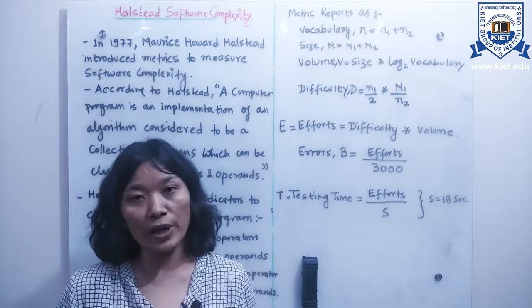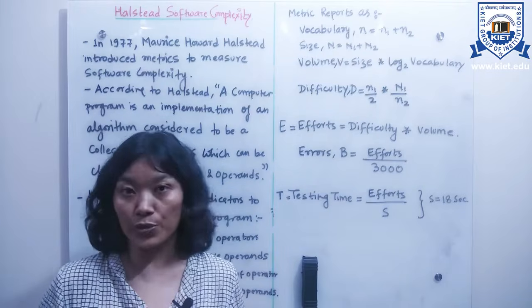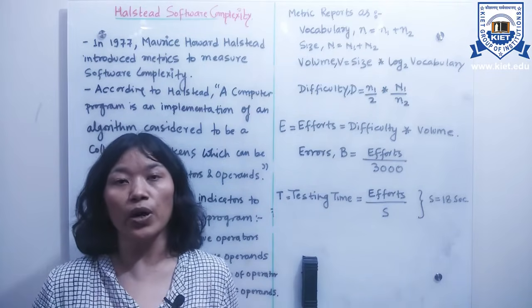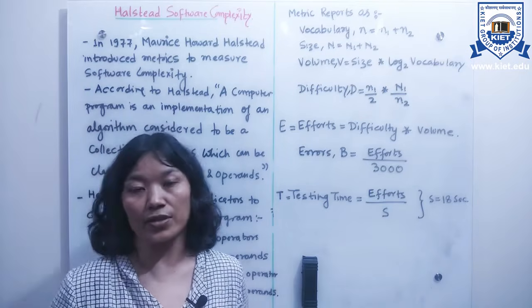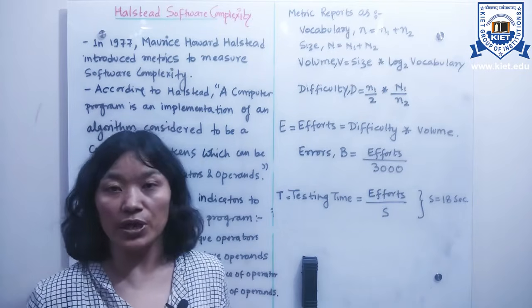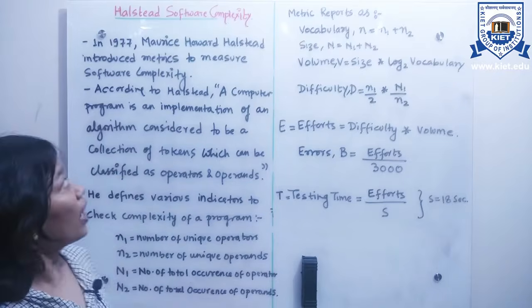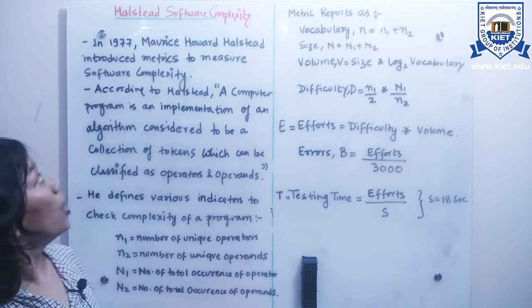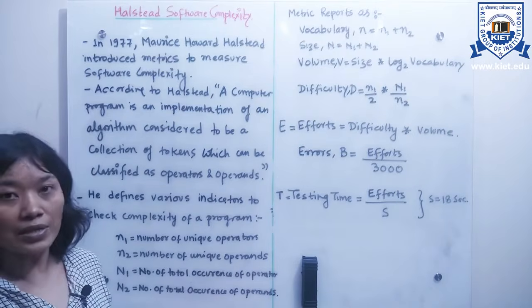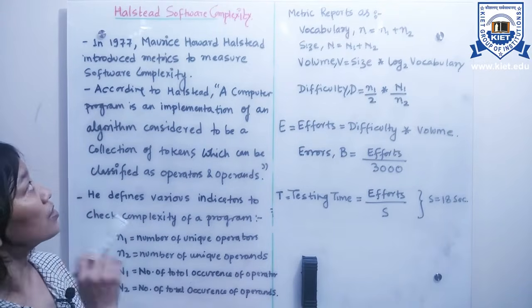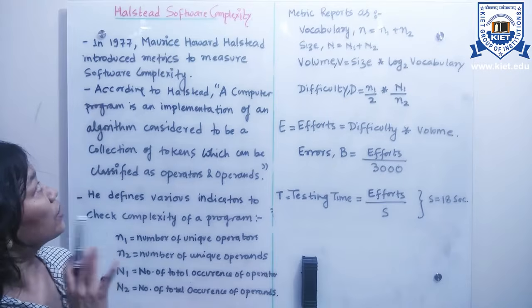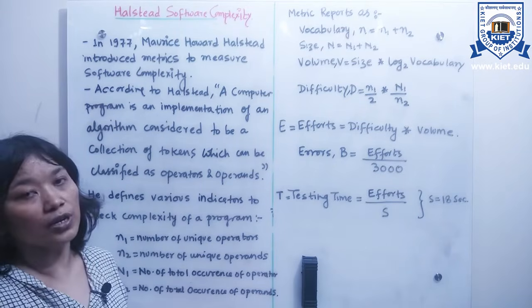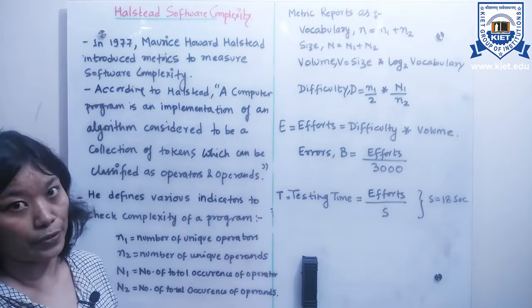I will cover cyclomatic complexity in my coming videos, but today I will cover Halstead software complexity. In 1977, Maurice Halstead introduced these Halstead software metrics to measure the complexity of the software.